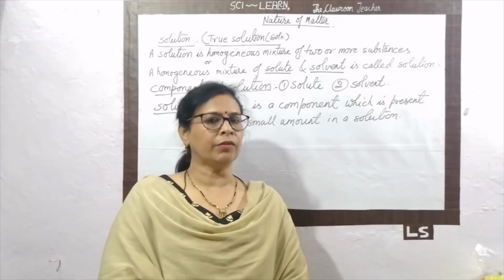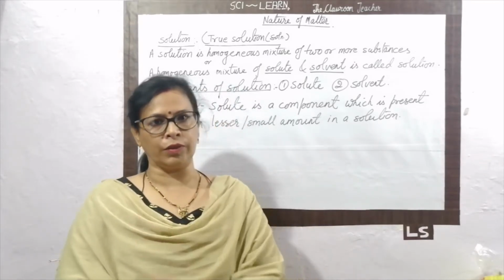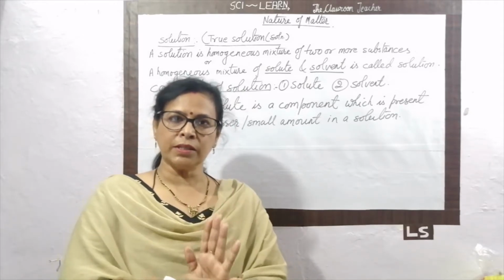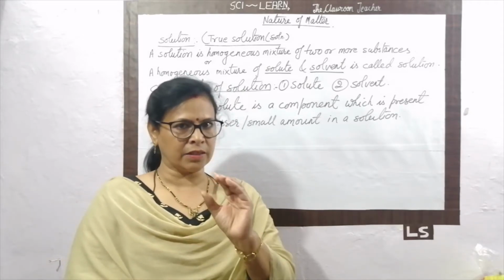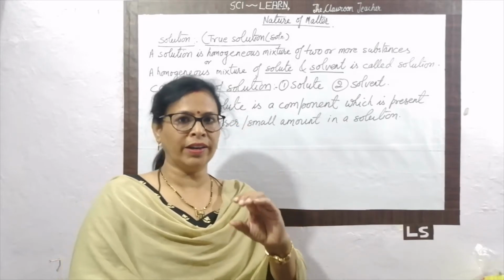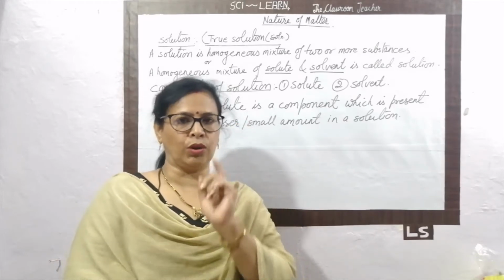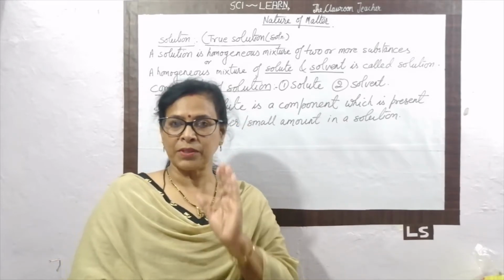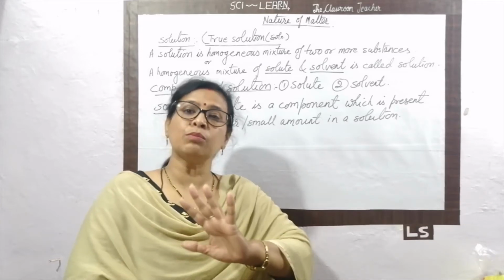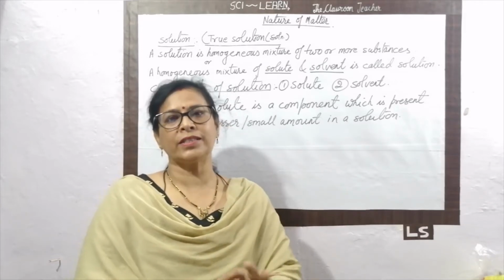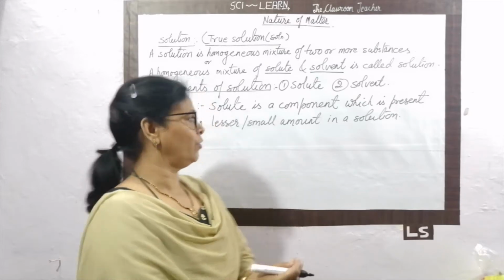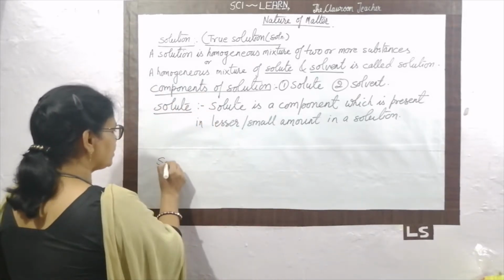It is prepared with the help of solute and solvent. The substance, the component which is small in quantity is solute. Then the substance or the component which is more in quantity, which is in large amount, is called solvent. So what is solvent?